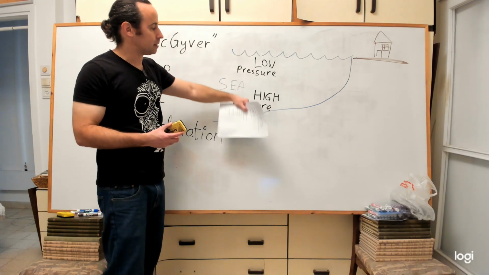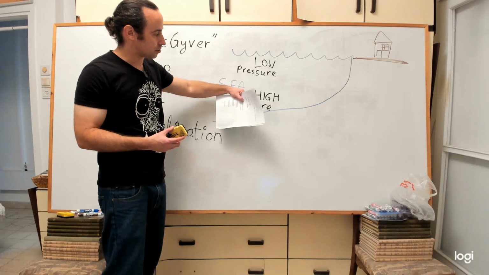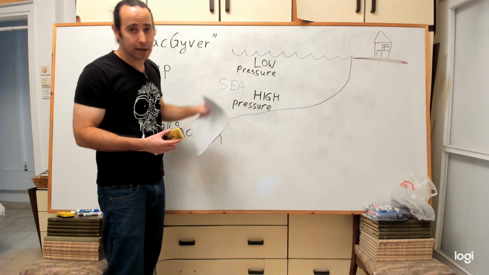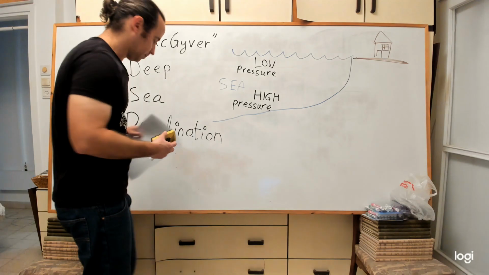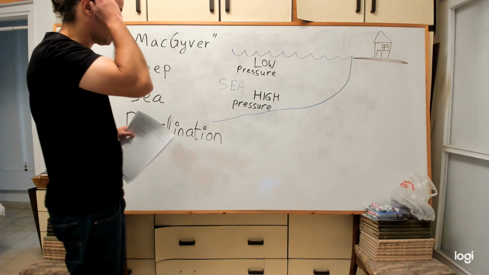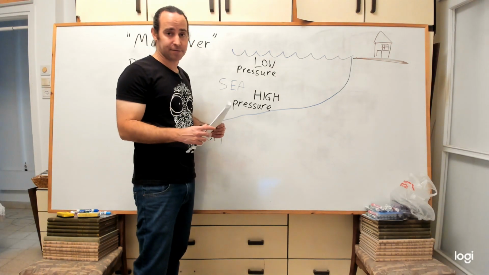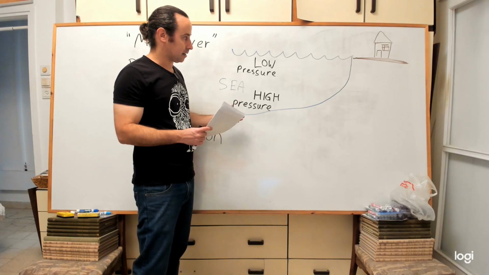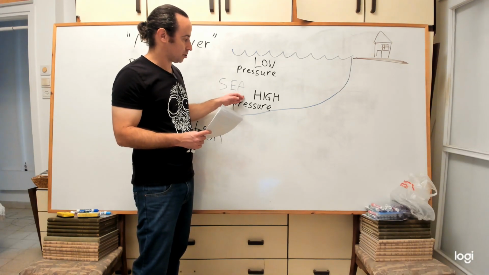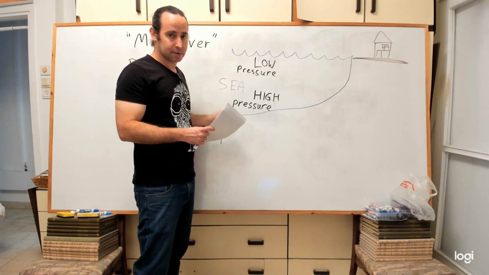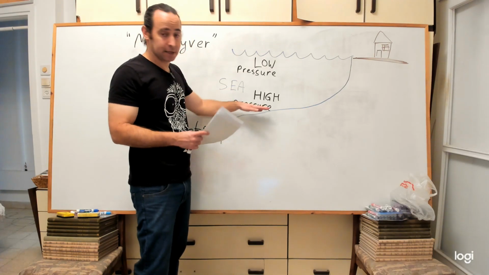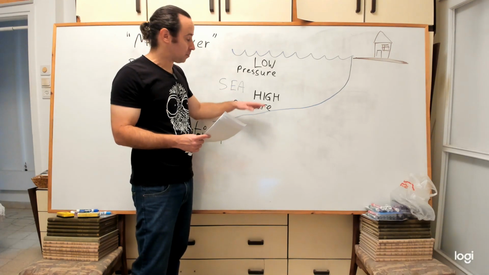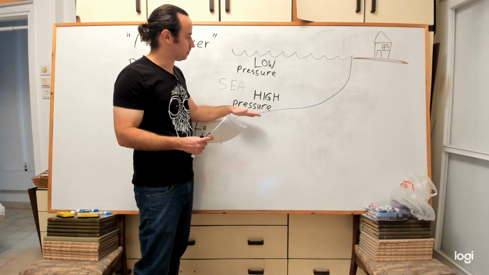But low and high mean weak and strong pressure. I don't want to use completely different terms because these are the normal terms. Pressure is high or low. But deep down at the bottom of the sea, there is high pressure, strong pressure.